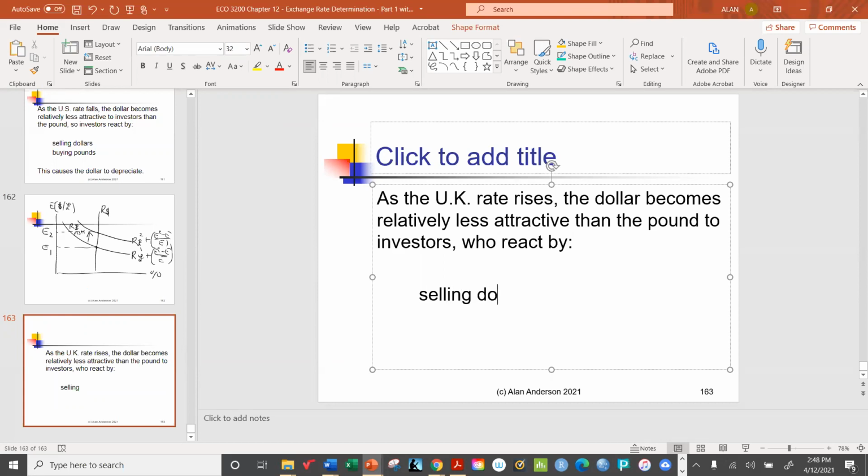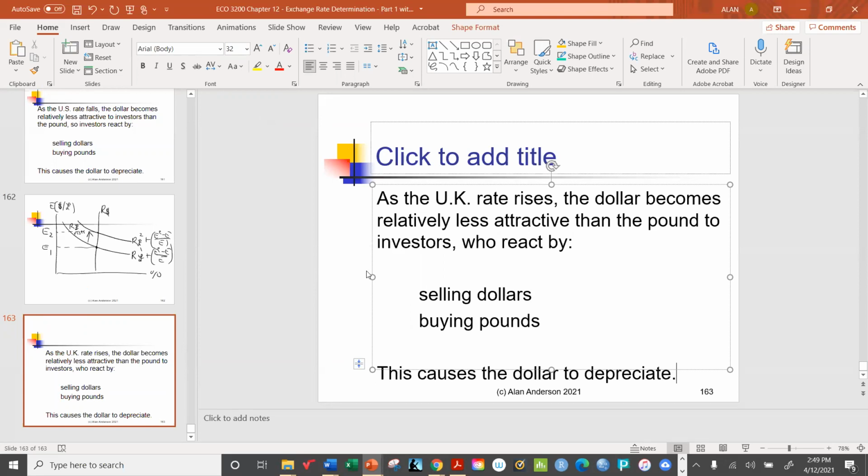They have to do that first, and then buying pounds. And of course, this means that the dollar gets weaker. This causes the dollar to depreciate.